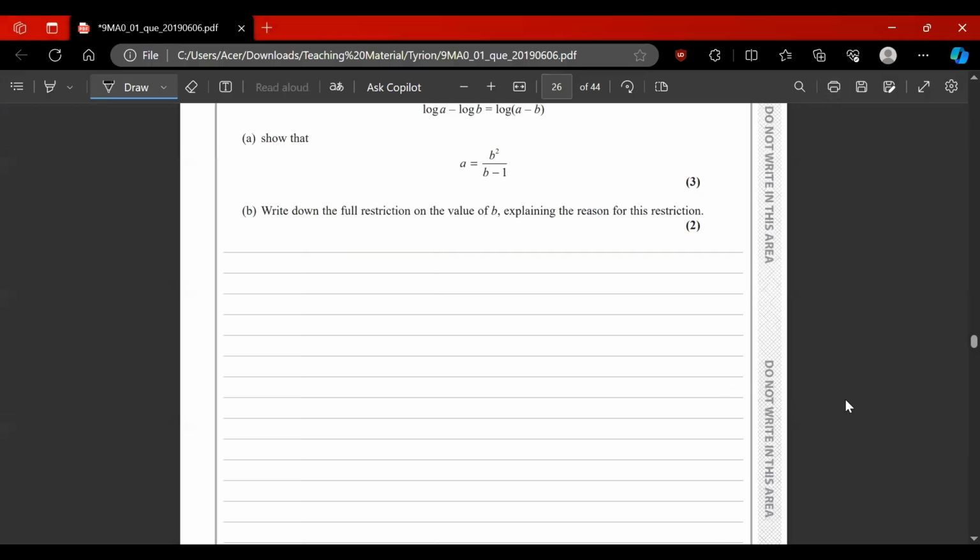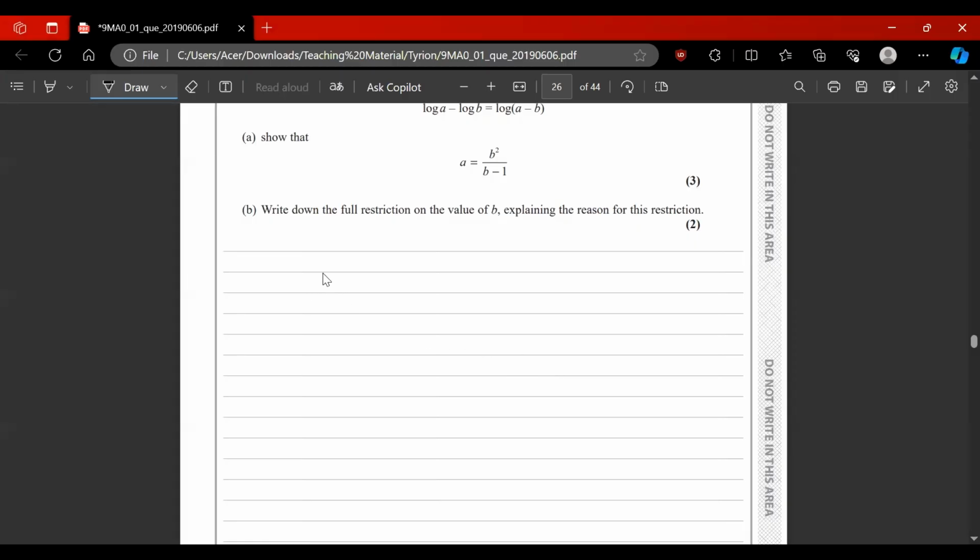So here we need to apply the logarithmic rules. So for this expression, we can write log a minus log b is equal to log a over b, right? So then obviously log is common throughout the expression, so I can get rid of it. And so a minus b is equal to a over b.